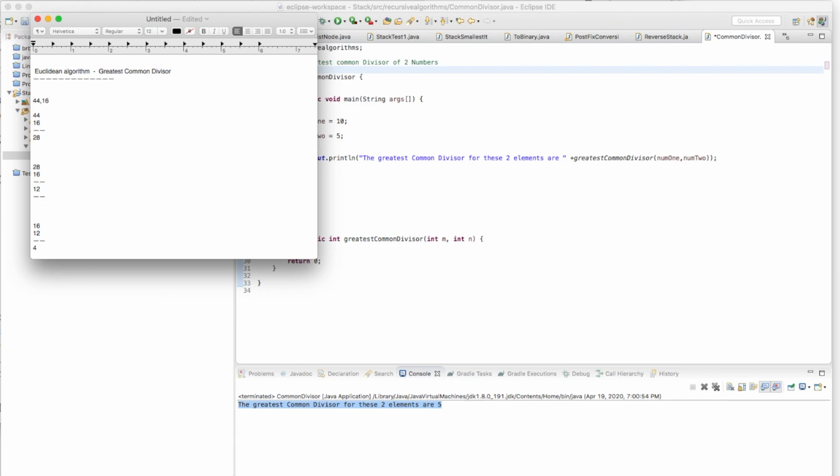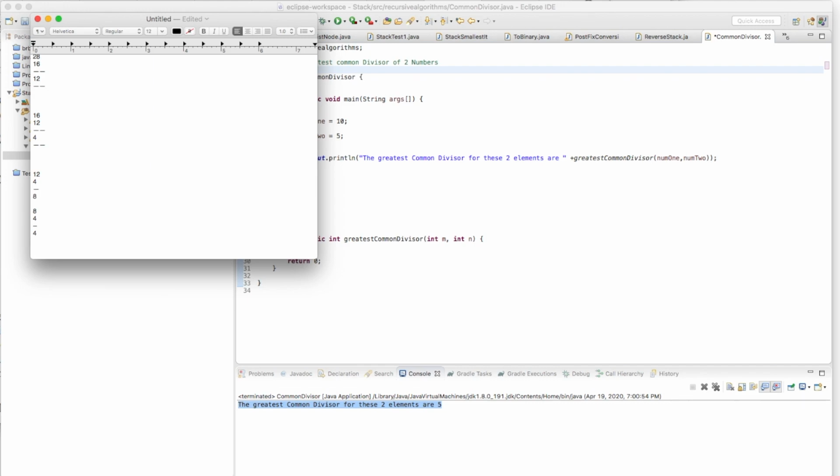Is 4 greater than the last number, 12? No. So you take 12, the greater number, and subtract 4. You get 8. Is 8 greater than 4? Yes, 8 becomes greater. 8 subtracted by 4 and you get 4 as your answer.